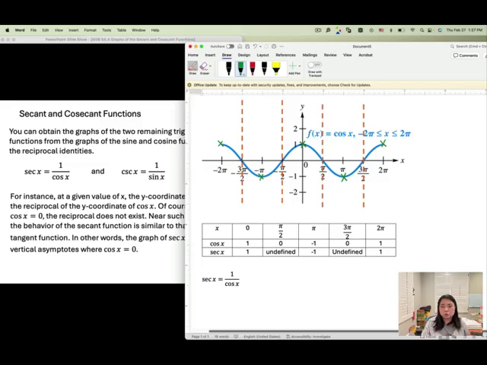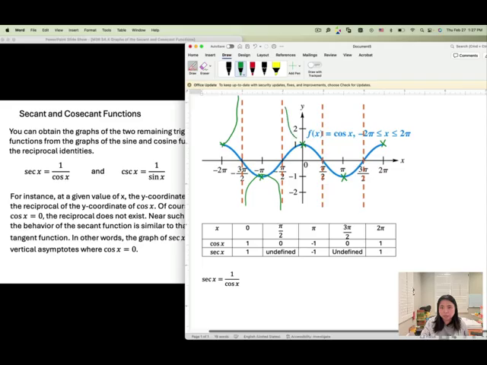So remember the vertical asymptote: the secant x is only approaching this line, but it's never touching it. So the graph of my secant x is going to look like that. It's going to be approaching it and just looks like a U touching this point and then approaching here.